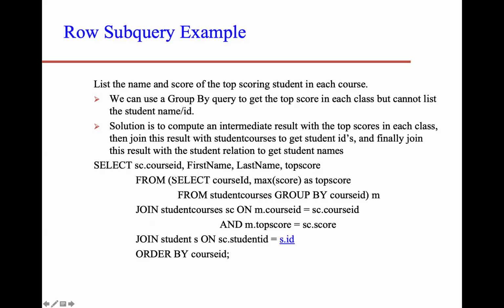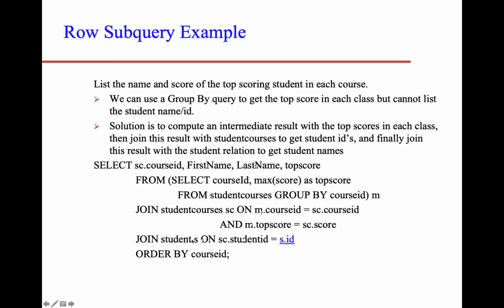Then I joined with student courses to get the student ID. And then the very last thing I do is join with student on the student ID. That gives me the first name and last name. So I'm getting the course ID from SC, top score from here, and first name and last name from student.